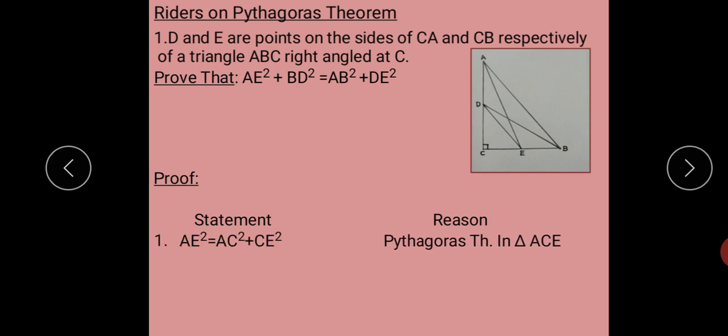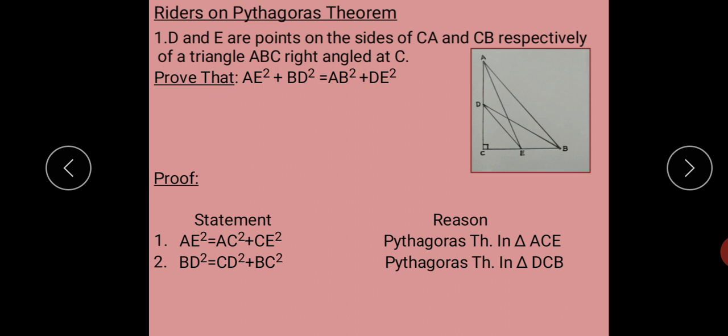First, to right angle triangle ACE, we get AE square is equal to AC square plus CE square. And then to right angle triangle DCB, we get BD square is equal to CD square plus BC square. Now, if you look at what is asked to prove once again, left hand side is AE square plus BD square.